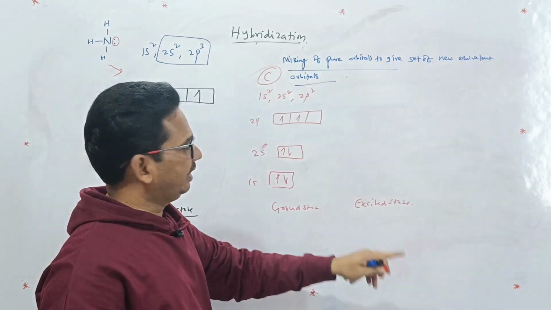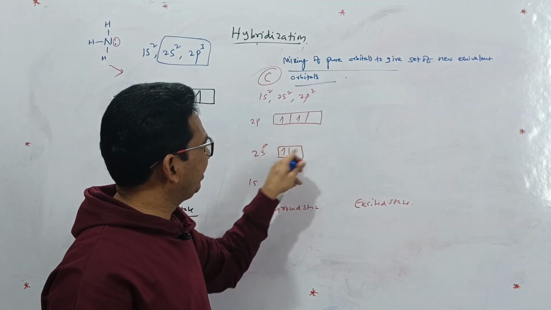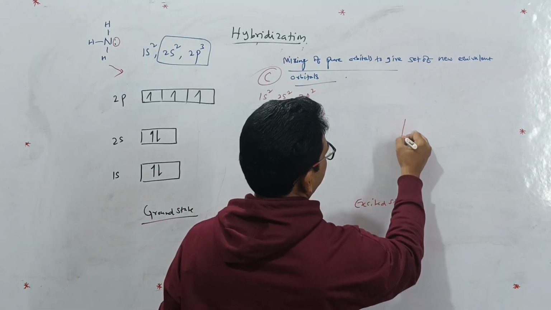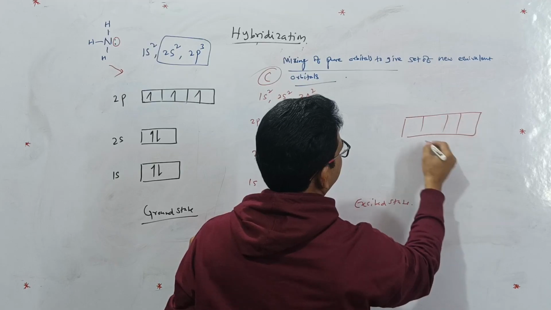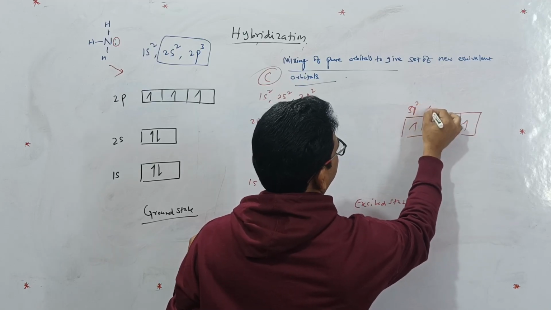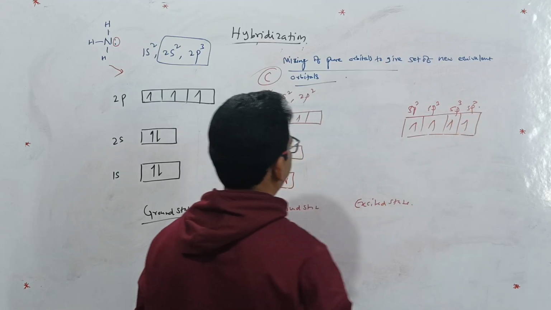Then in the hybridized state, all together they get equivalent electrons and equivalent orbitals like this: sp3, sp3, sp3, sp3.